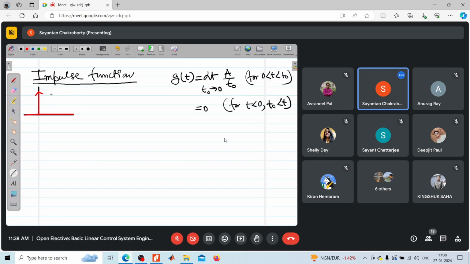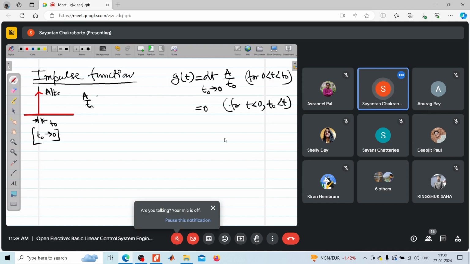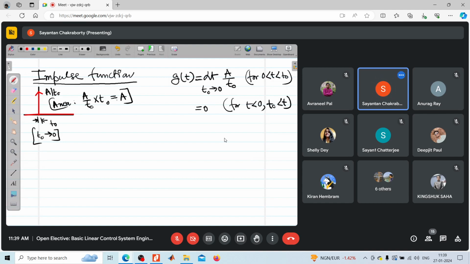Here we have considered the height of the pulse to be a by t0 and the width to be t0, with the condition that t0 tends to 0. So what will be the area under this impulse, height into width? It is a, the area under the impulse function, right?